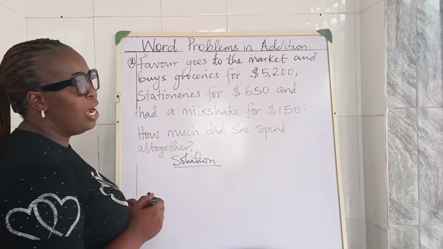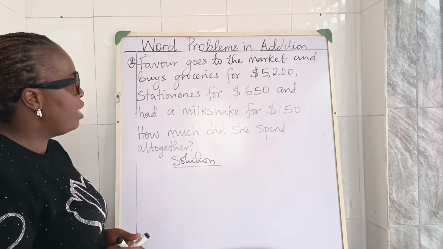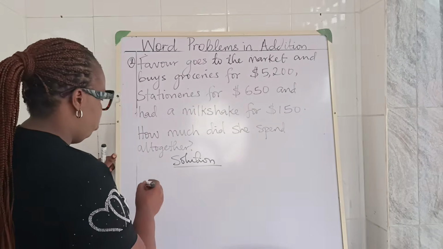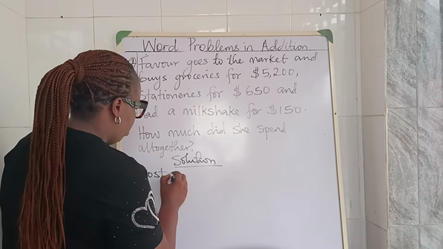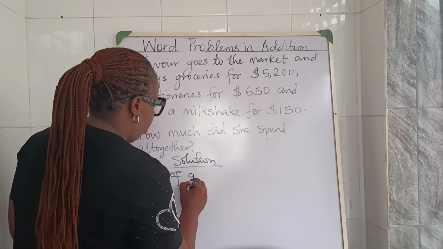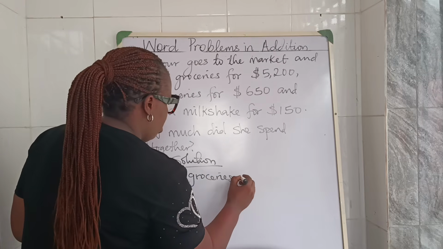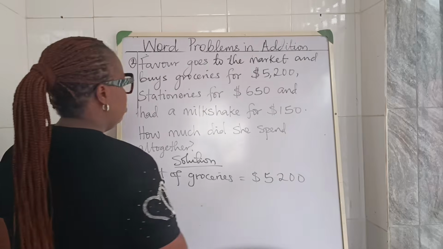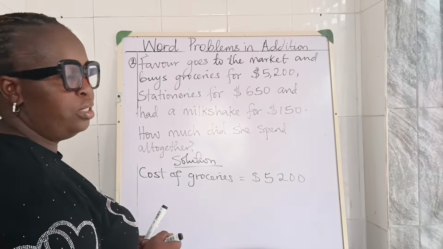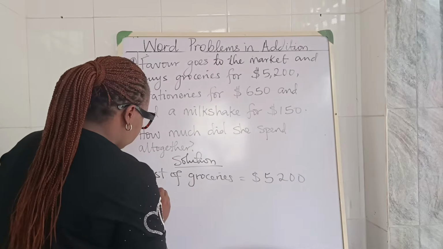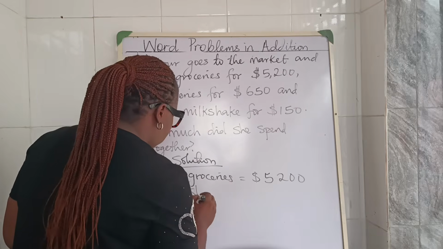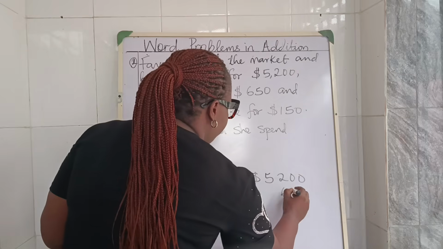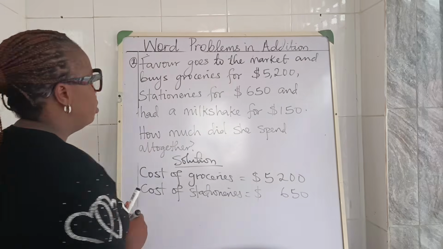Remember, we are going to add. Solution for us to write it out. Cost of groceries is how much? 5,200. So let's start. Cost of groceries equals to what? 5,200, right? Stationaries, $650, right?